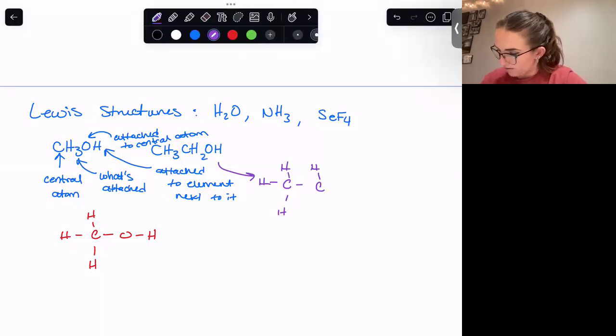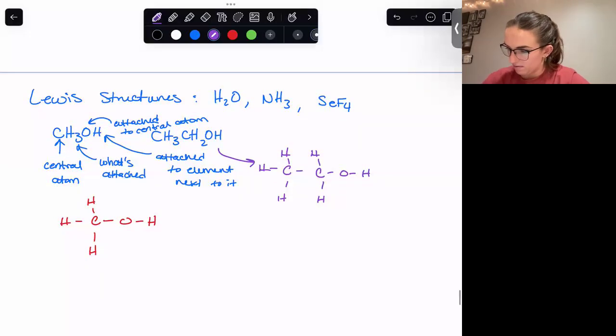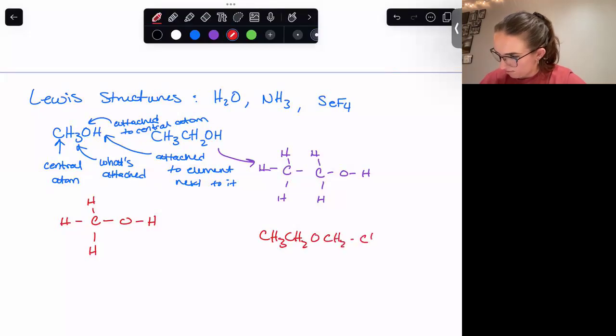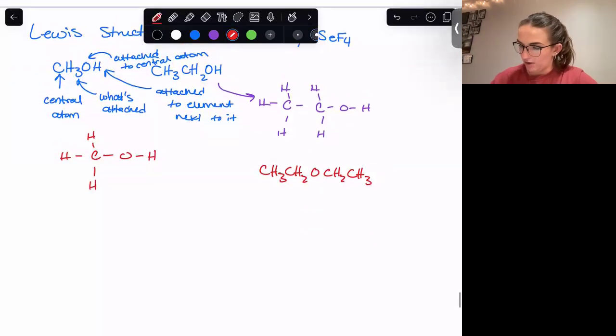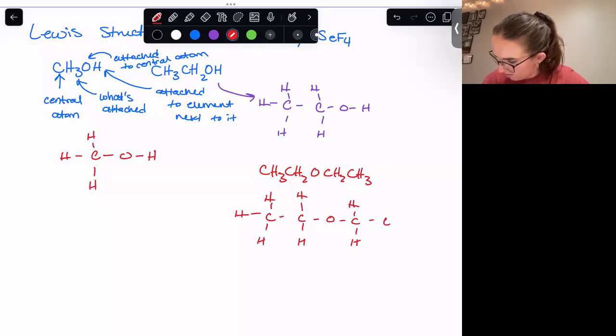And that is attached to your central atom, and then your oxygen, again, is attached. So you can even have something like this, and you can draw it out like that.